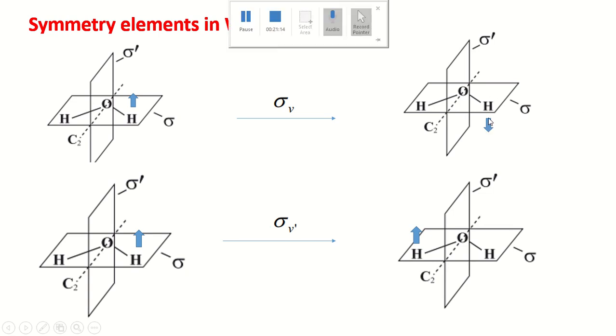For example, if you rotate this clockwise, then this hydrogen will move in this direction and occupy the space of the other hydrogen, while the arrowhead is upward. So the resultant would be like this one. This is the result after applying the sigma v dash operation to this molecule.